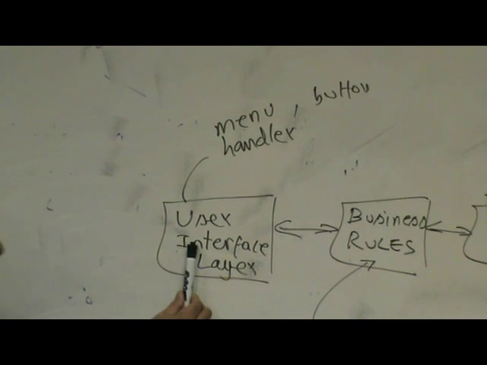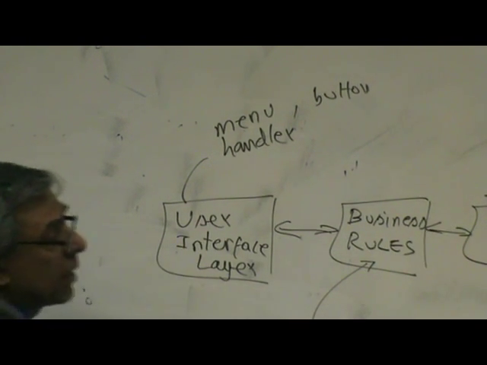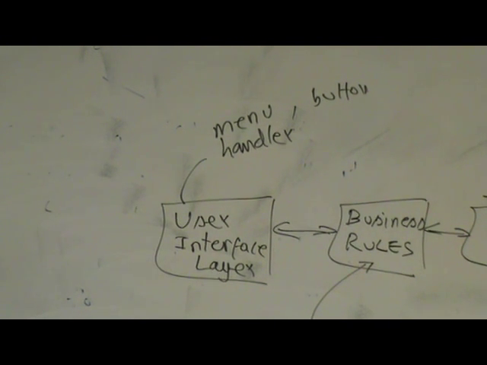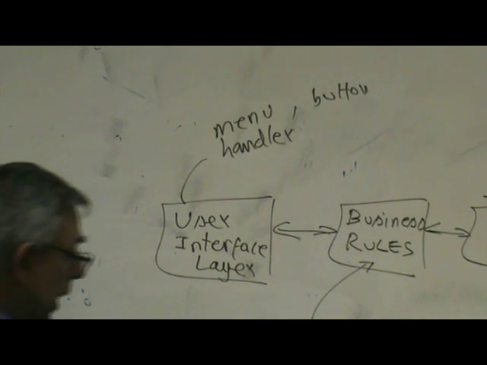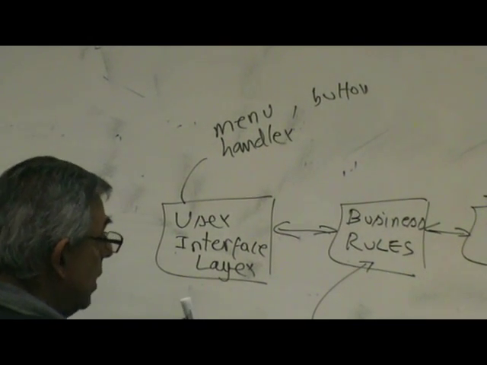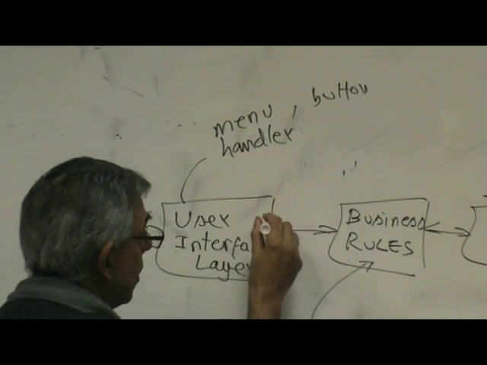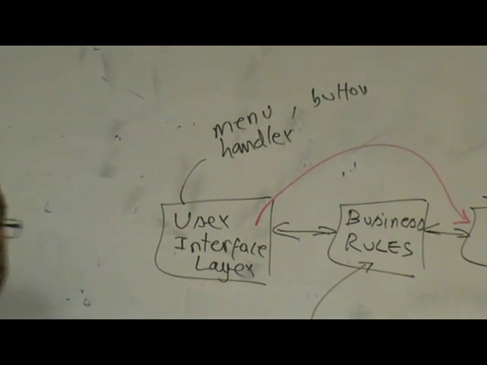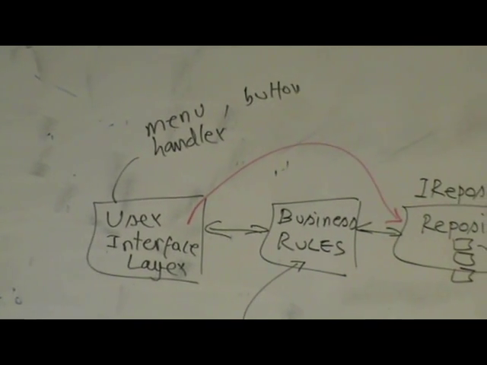Even though for uploading something to the database, there's no rule involved, right? There's no discount, you really can't think of any rule. Should we, in that case, skip the business rule layer, and the button handler should trigger the repository?